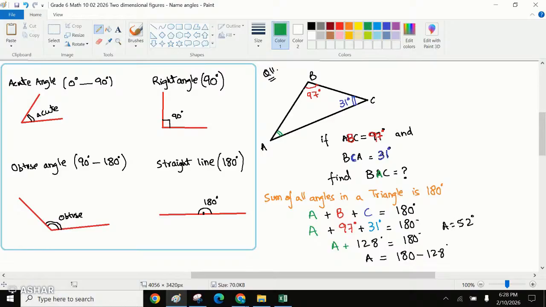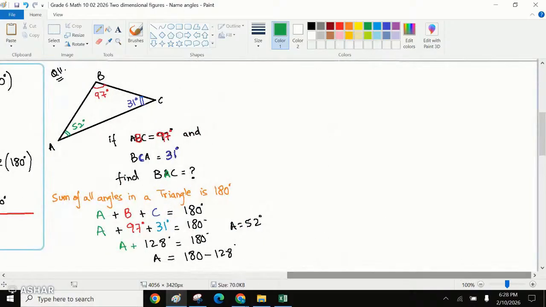So we can say the answer for A is 52 degrees. What we saw over here was that the labelings were not done on the diagram. We did the labelings ourselves because we now know how to represent it on a vertex, right?